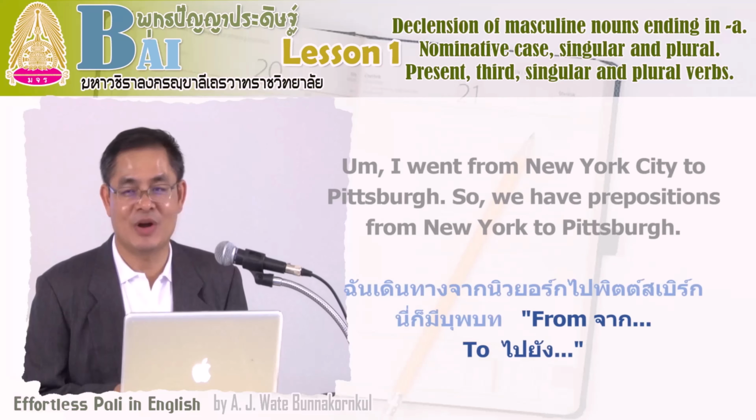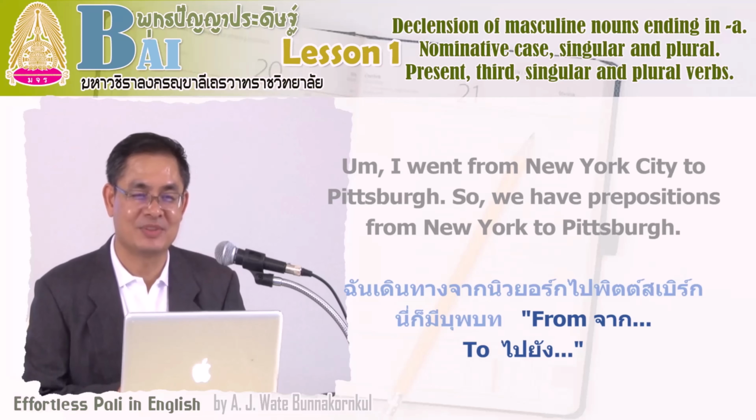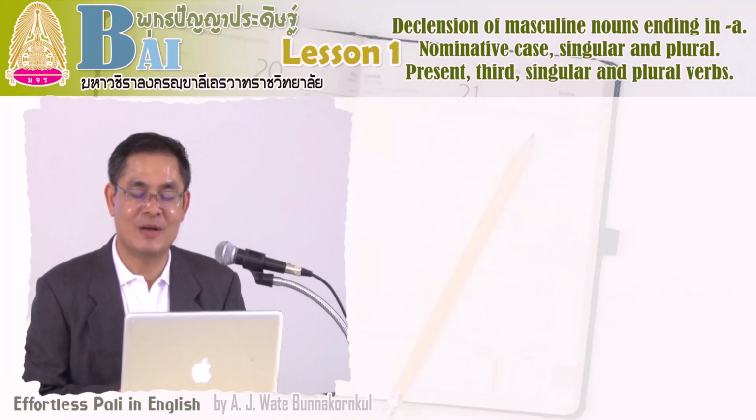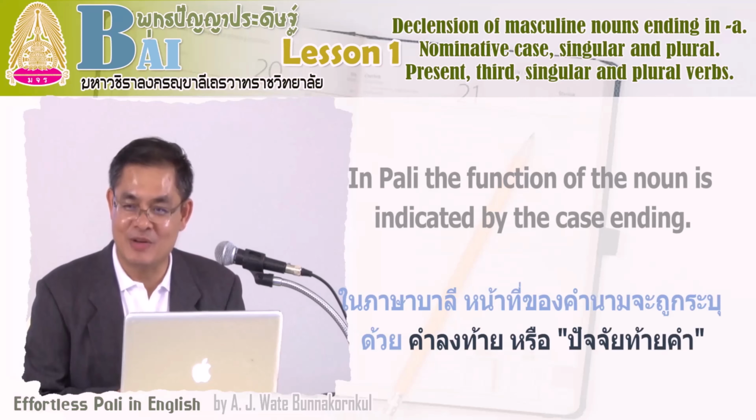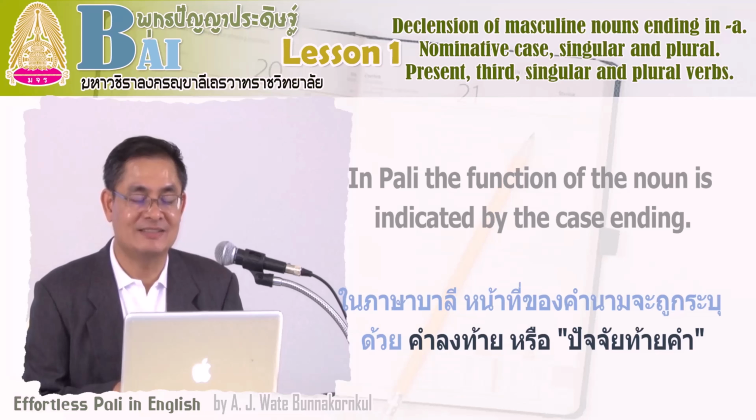I went from New York City to Pittsburgh. So we have prepositions: from New York to Pittsburgh. In Pali, the function of the noun is indicated by the case ending.